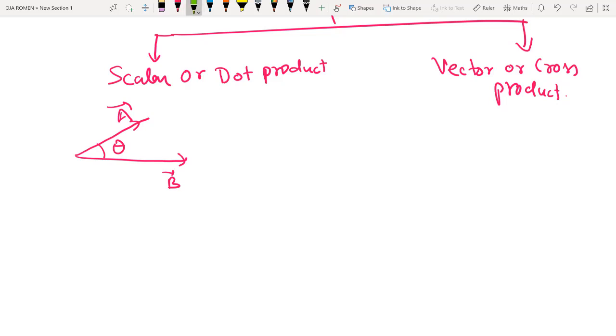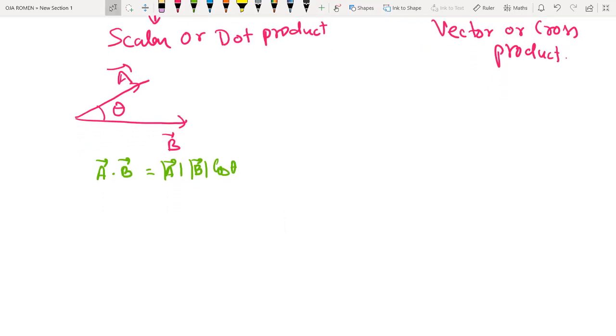Then the dot product, or scalar product, is written as A dot B. A dot B is defined as magnitude of A, magnitude of B, cos of the angle between A and B. So this is known as dot product. The result is a scalar quantity, so dot product is also known as scalar product.